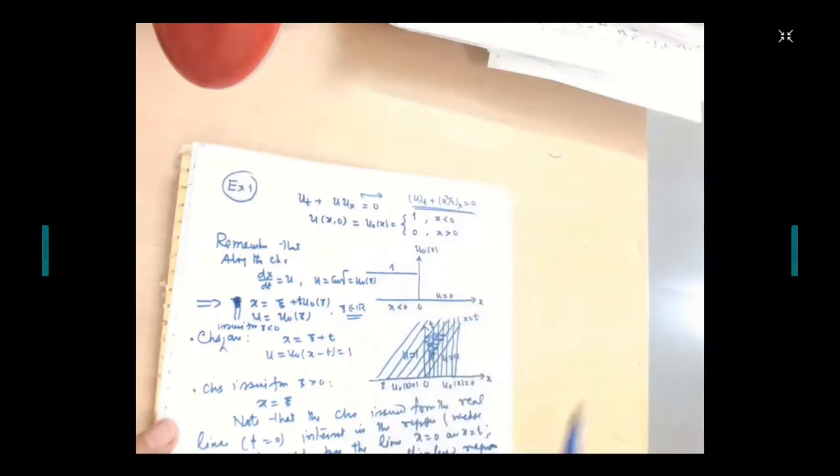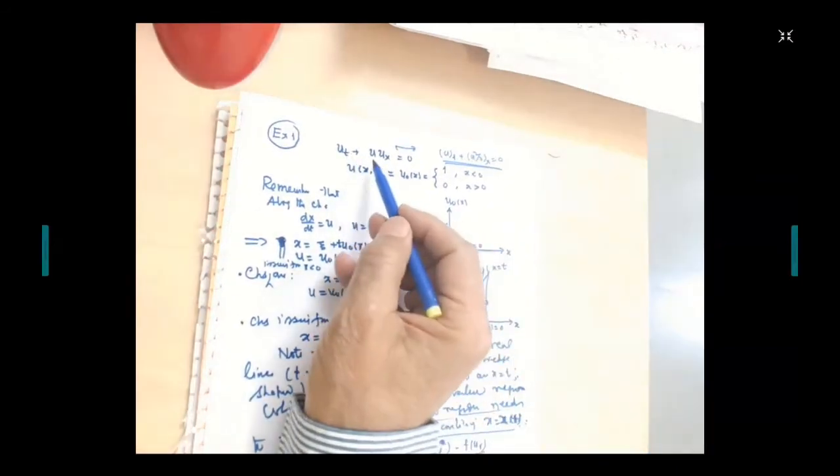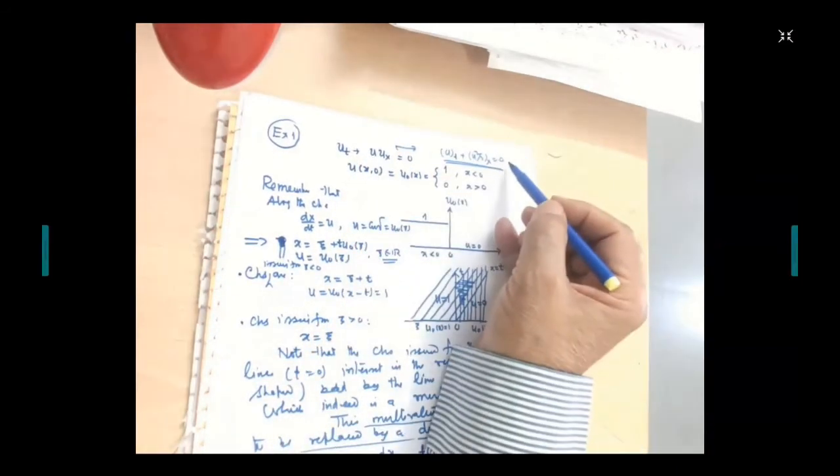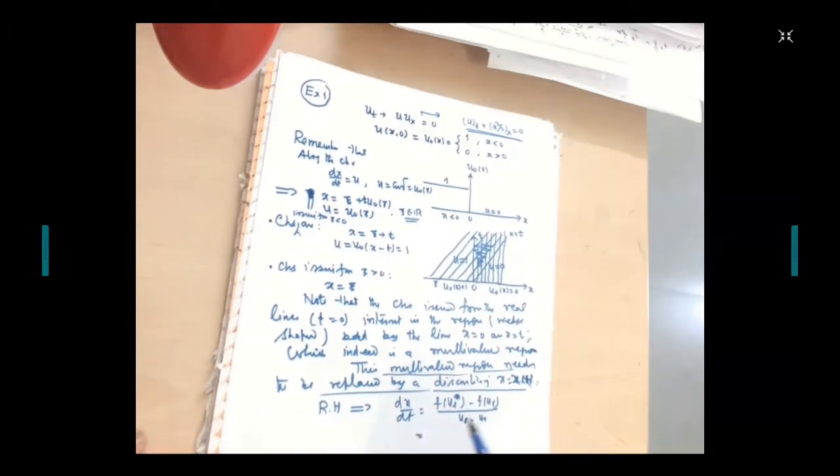It is assumed that the evolution of u at later times is governed by this conservation law. So if this is the case, then what do we get? Half of ul plus ur, which is half of 1 plus 0, that is one half, and this implies that x is equal to t by 2.